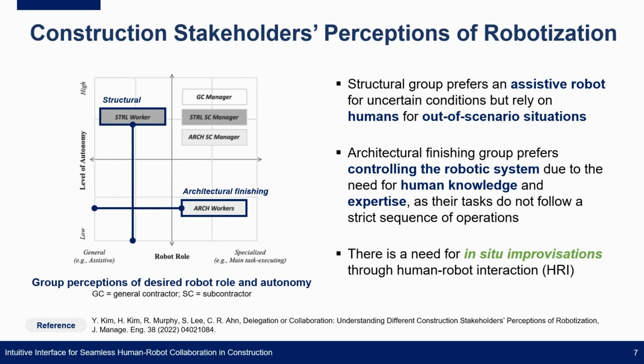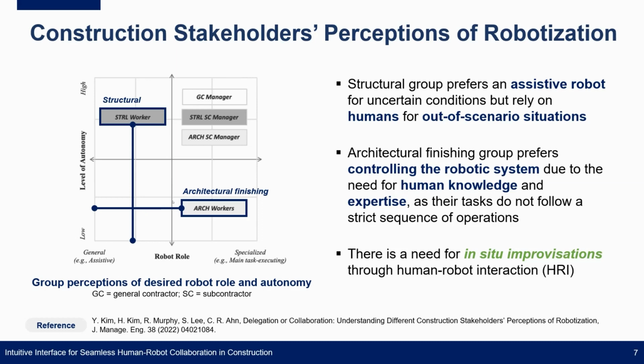They believe that the robots cannot replace their tasks, but that robots can assist their work, because there is so much unpredictable uncertainty in their tasks, and robots cannot handle that. So in structural tasks, we still have to rely on humans to handle out-of-scenario situations.